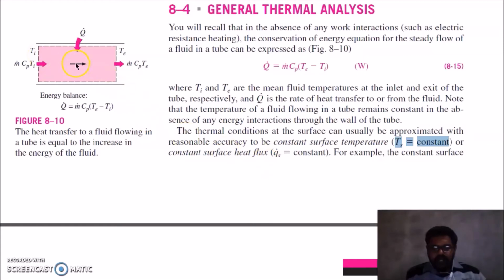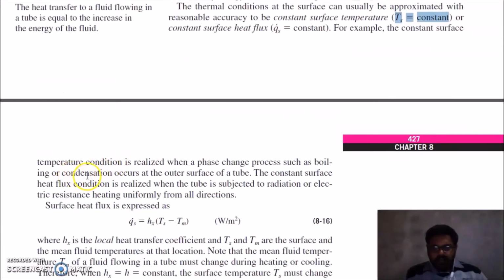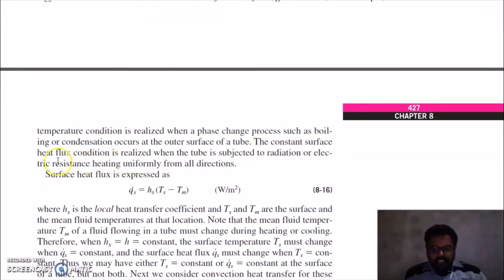So these are two conditions which we can apply. The constant temperature surface condition is realized when a phase change process such as boiling or condensation occurs at the outer surface of the tube, while the constant surface heat flux condition is realized when the tube is subjected to radiation or electric resistance heating uniformly from all directions.